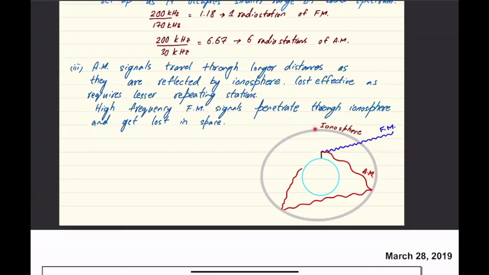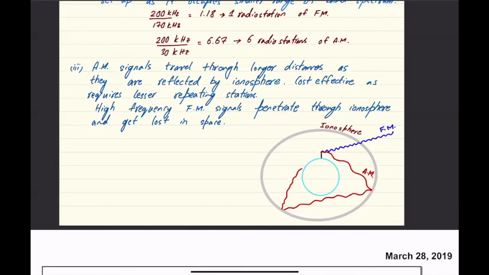And that's because above the Earth, you have a layer of ions, which is called the ionosphere. Amplitude modulation signals carry such little energy that they can't penetrate through the layers of the ionosphere. So they keep reflecting back from the ionosphere, and hence they can travel more distance along the Earth's curvature.